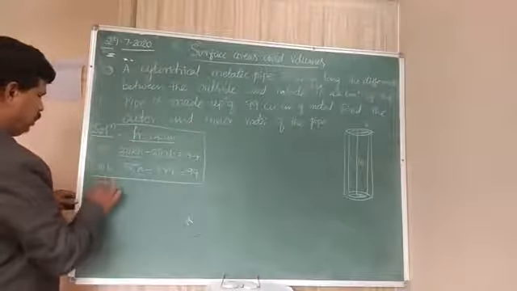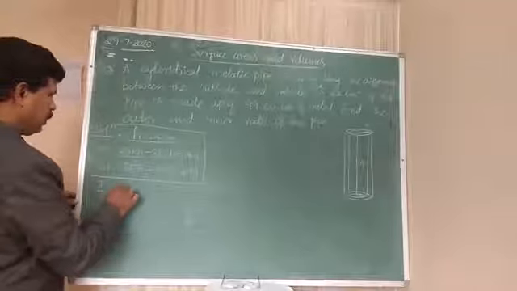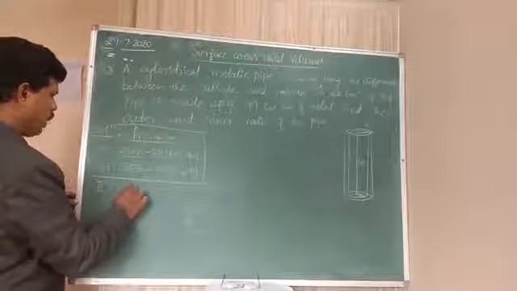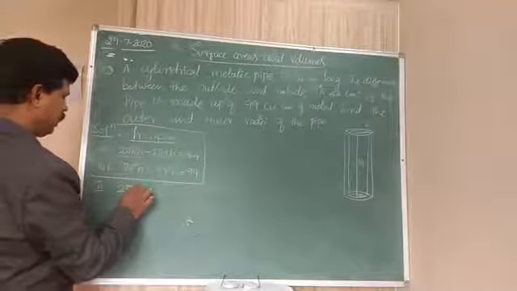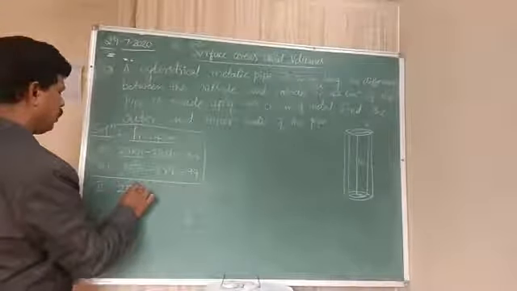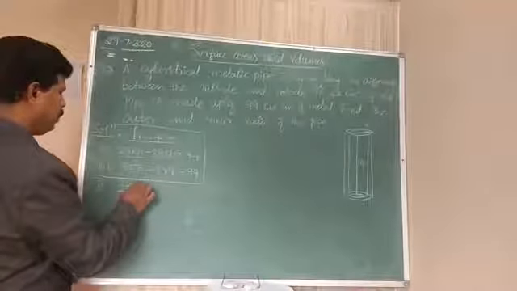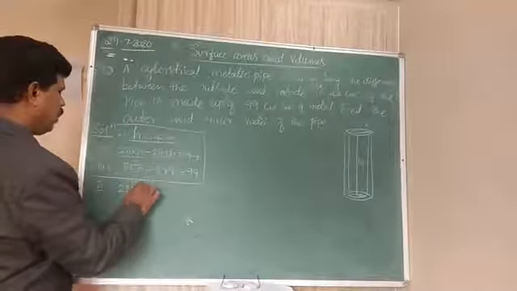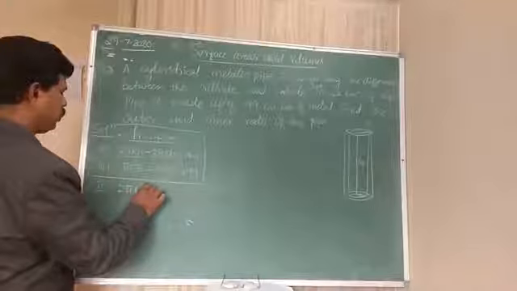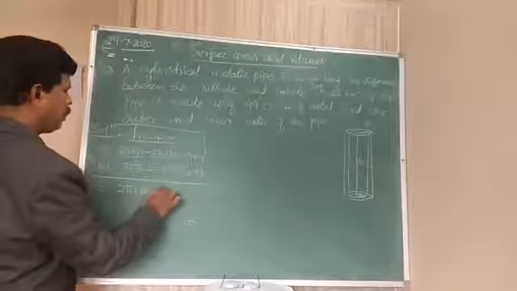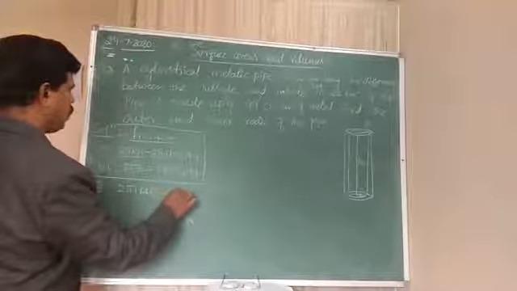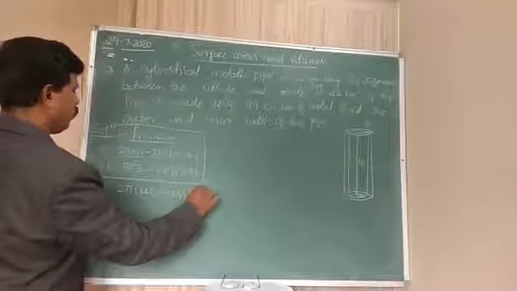First take the second part. In this, 2 pi and h is 14 given. Write 2 pi as common, then 14R minus 14r equals 44.